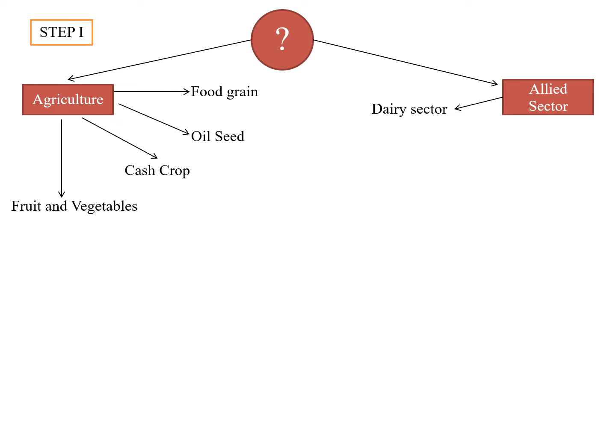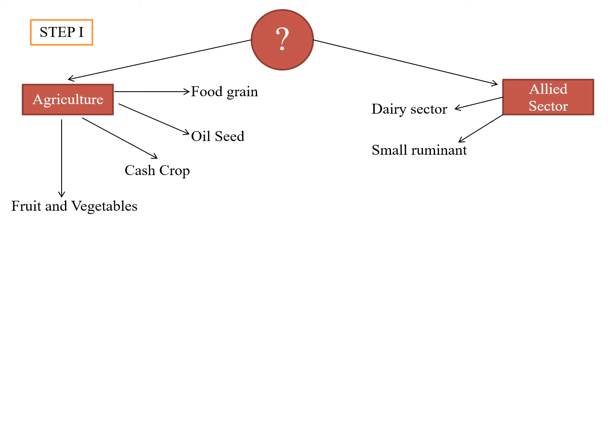Similarly, in the allied sector, you also have the choice to do research in dairy. Dairy means cattle, that is cow and buffalo. You can do research in the milk sector as well, because milk has almost 80% of the share in dairy sector research.